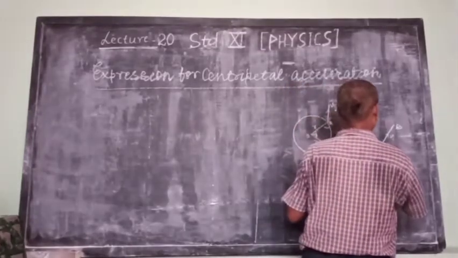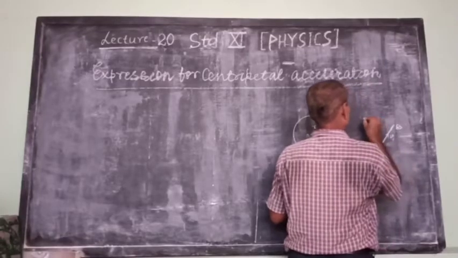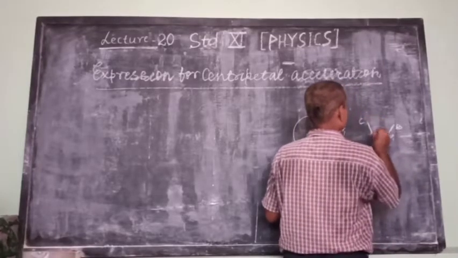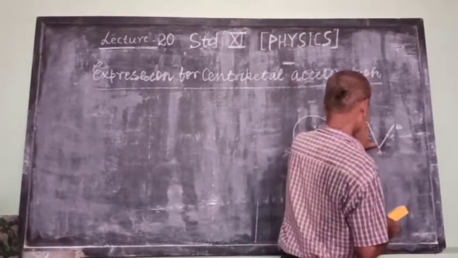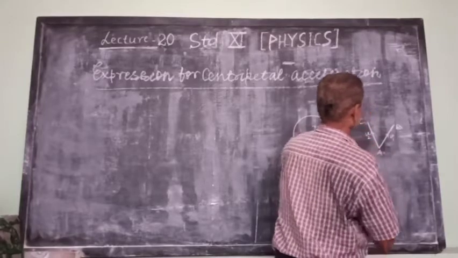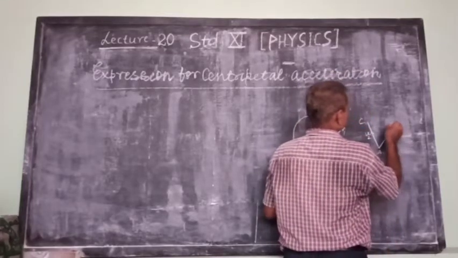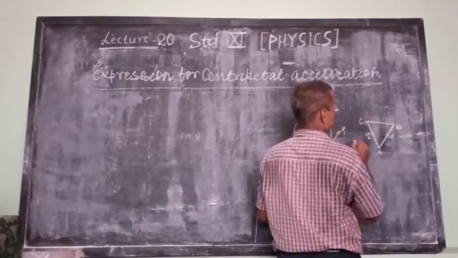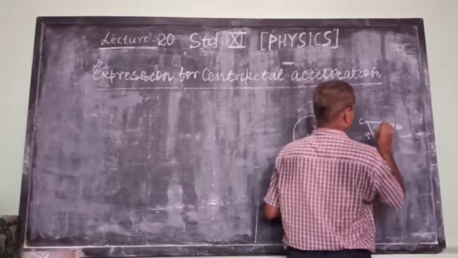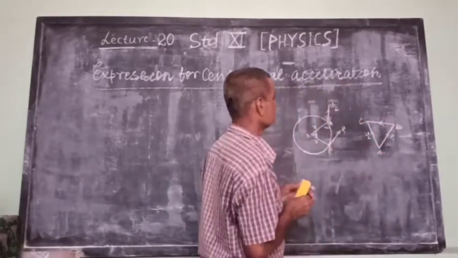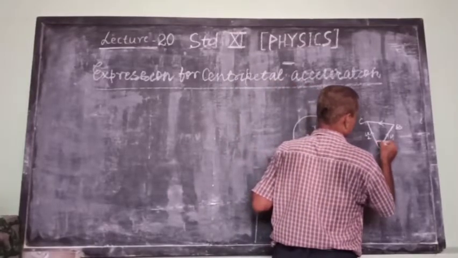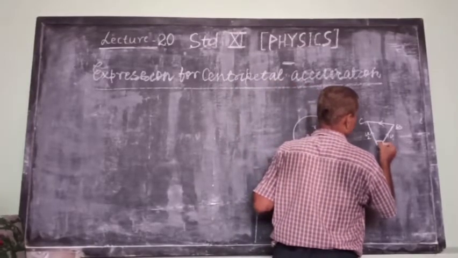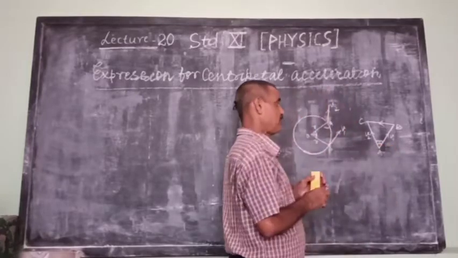So I am drawing another point C. This V2 is equal to this and parallel to it, and joining these 2 points here. Just watch, this angle is d theta. Naturally, this will be d theta. Now you will compare between these 2.